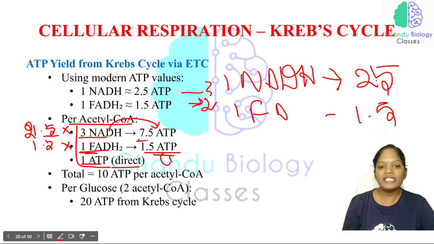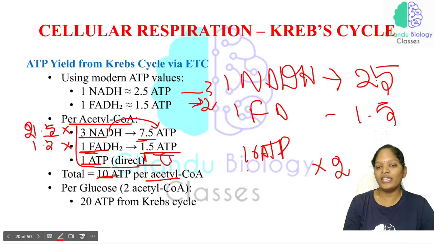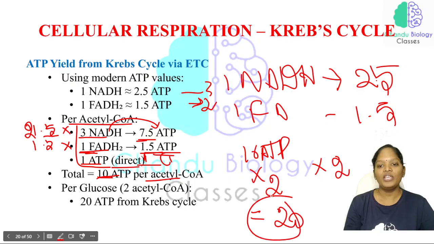So totally 7.5 plus 1.5 plus 1 together we can say is 10 ATP per acetyl CoA. If we calculate this for 2 acetyl CoA, then 10 into 2 is equal to 20. So this is how we have to calculate.